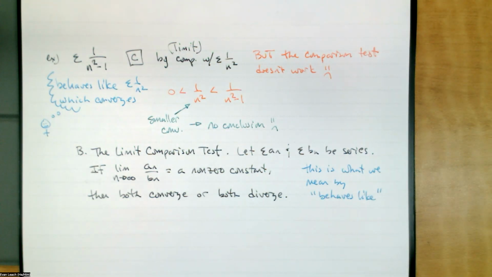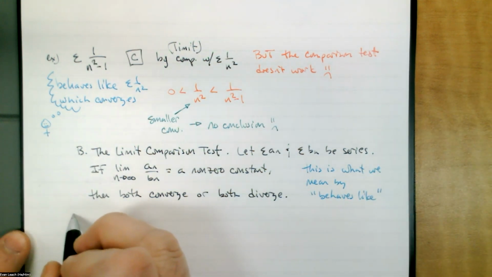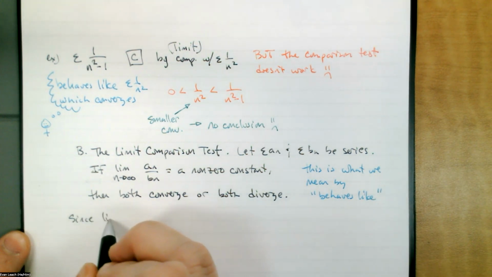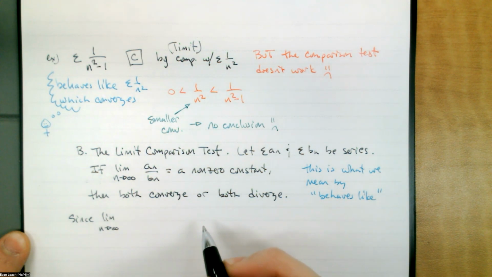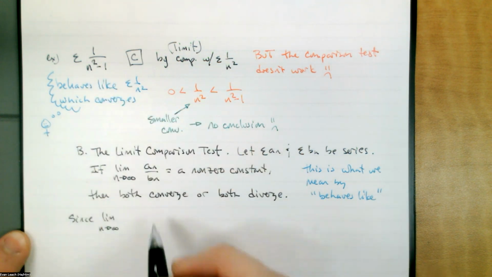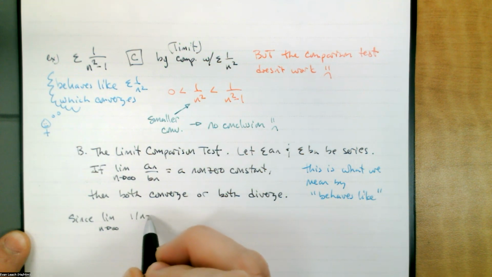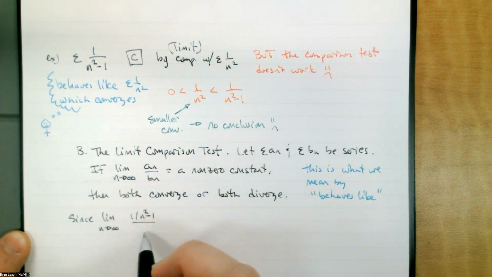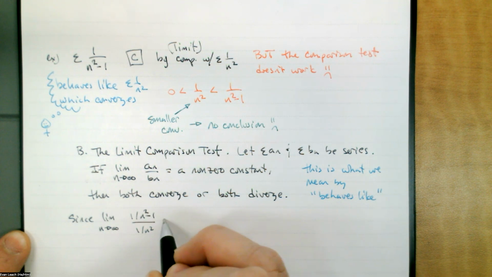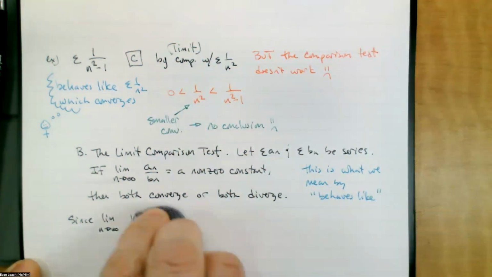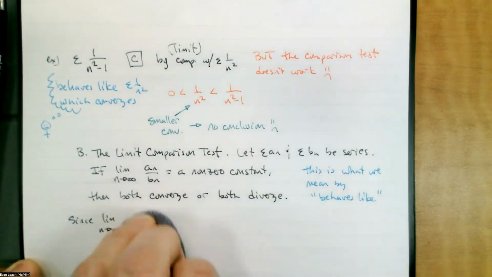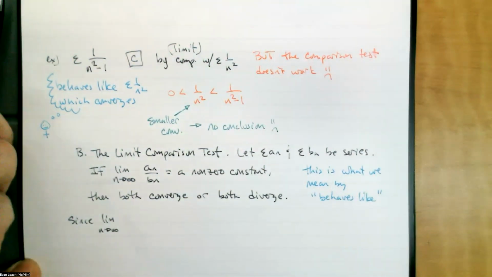To make this argument, we would say since the limit as n goes to infinity of 1 over n squared minus 1 over 1 over n squared. I wrote that badly. In the last minute, I wanted to save space vertically. I wrote my fraction horizontally and I wrote it badly.